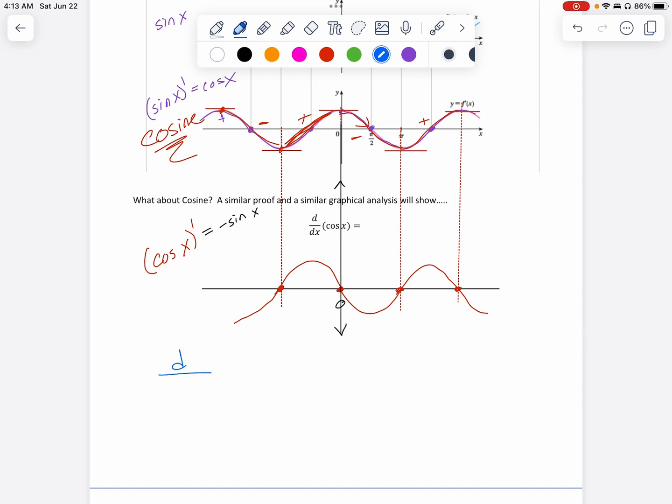So the derivative of the sine function equals cosine, but the derivative of the cosine function equals negative sine. So a little bit different.